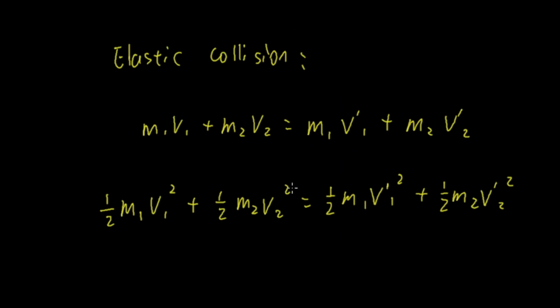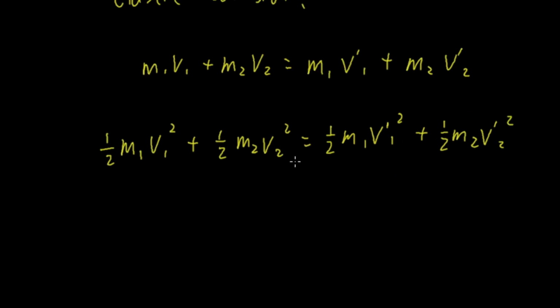If you want to find the final velocities of object 1 and object 2, which are v prime 1 and v prime 2, you have to solve a system of equations, because you have two equations here.